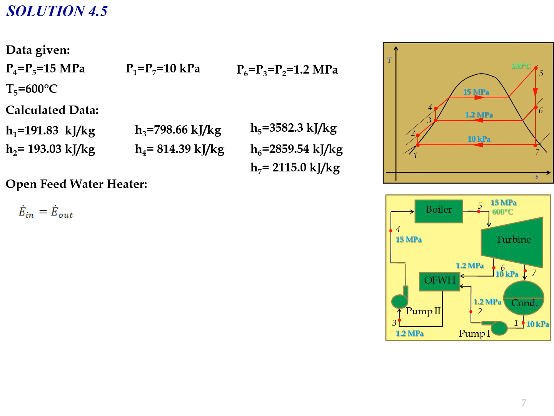So energy in is equal to energy out, and we can convert it into the summation of mass flow rate in times enthalpy in, equal to the summation of mass flow rate out times the enthalpy. For the mixing chamber, we have the enthalpy from state 6 and also from state 2.